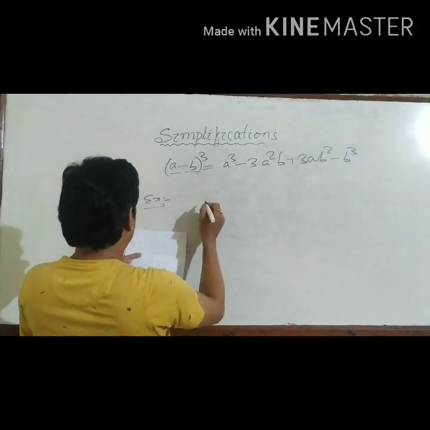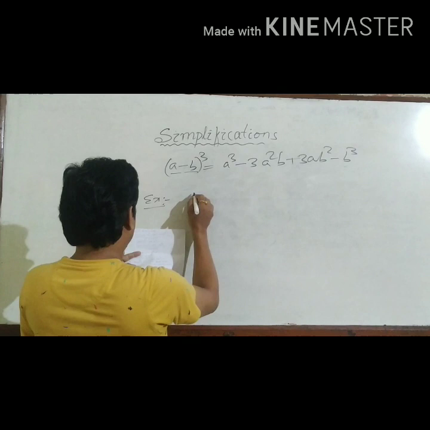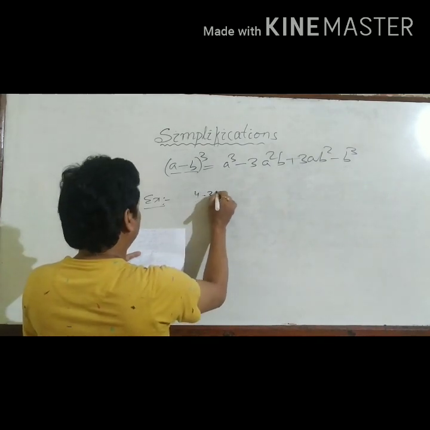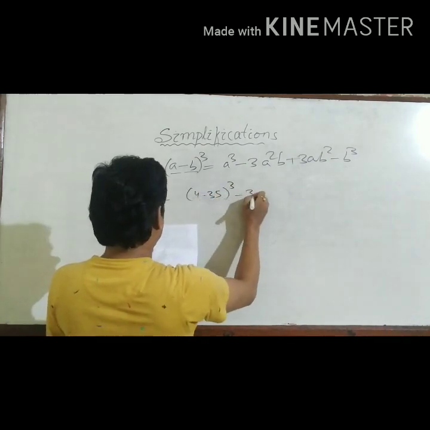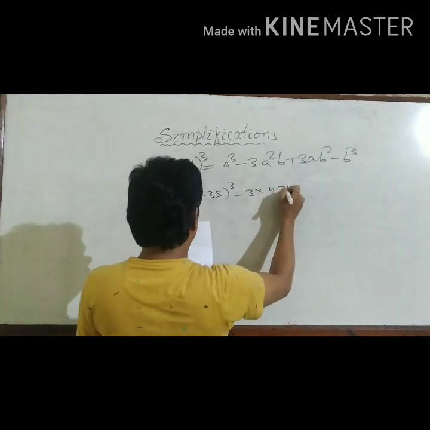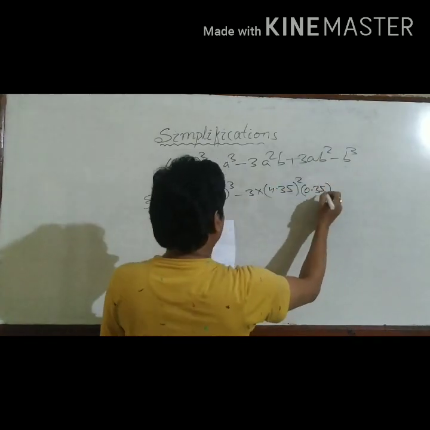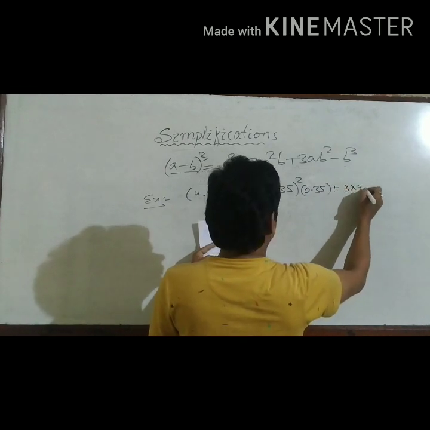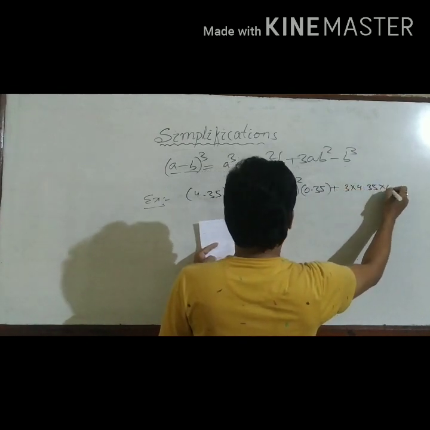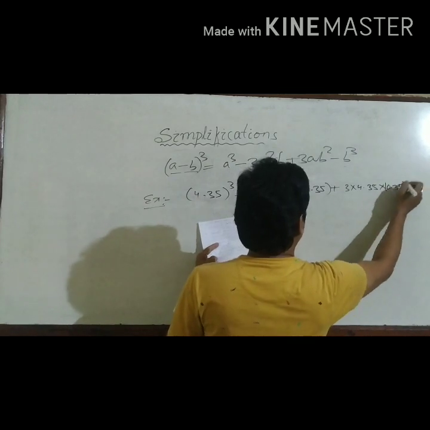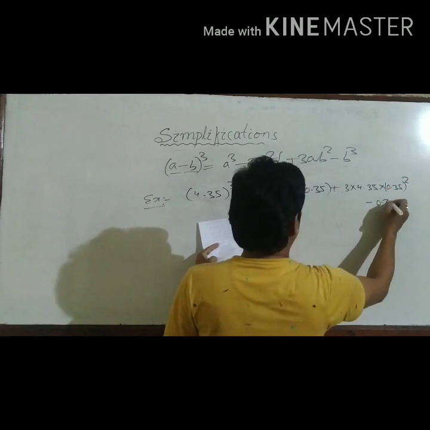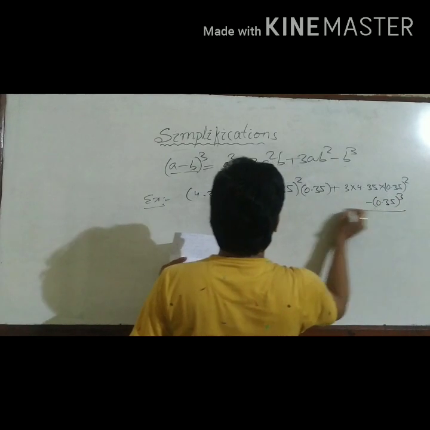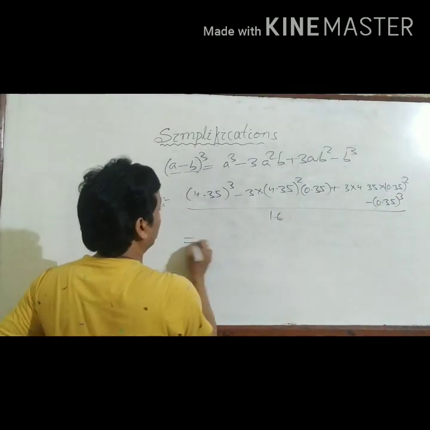See here, I am giving an example: (4.35)³ - 3 × (4.35)² × 0.35 + 3 × 4.35 × (0.35)² - (0.35)³ divided by 16.